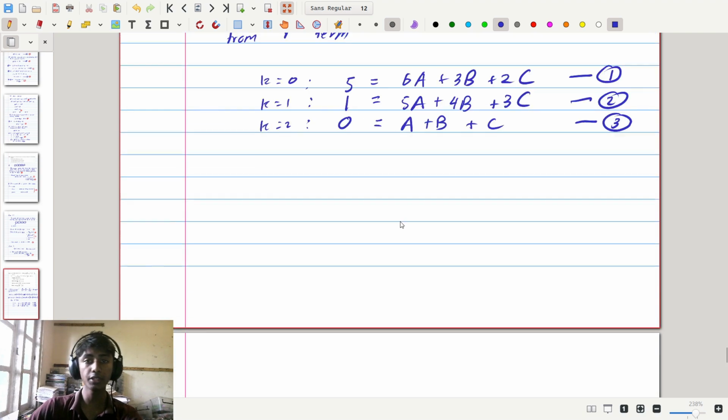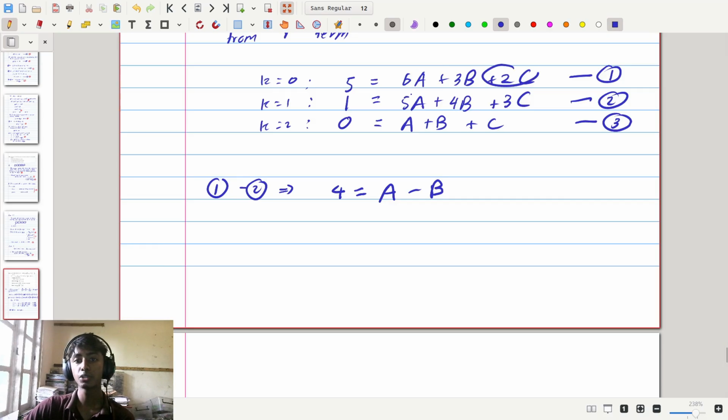Now immediately what I can do is to try and subtract 1 and 2. So if I do 1 minus 2, on the left hand side we're going to get 5 minus 1, which is equal to 4. So we get 4 on the left hand side, and on the right hand side we have 6a minus 5a, which is a. We have 3b minus 4b, which is minus b, and then we have 2c minus 3c, which is minus c.